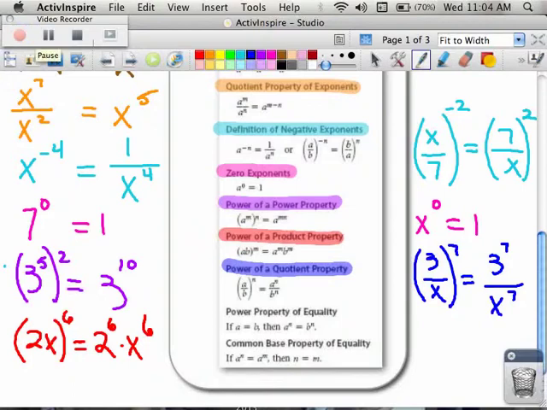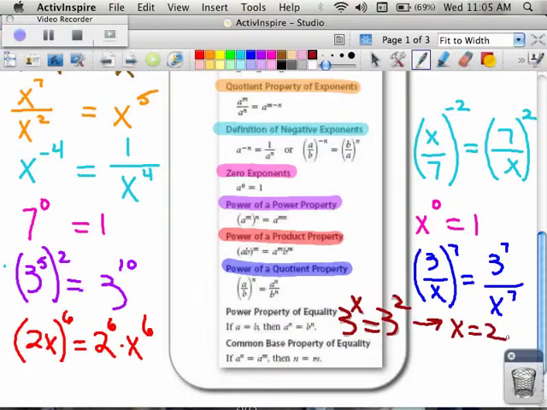And the power property of equality is usually used to solve equations. If I look at something like 3 to the x power equals 3 to the 2nd power, that means I know that the x has to be equal to 2.